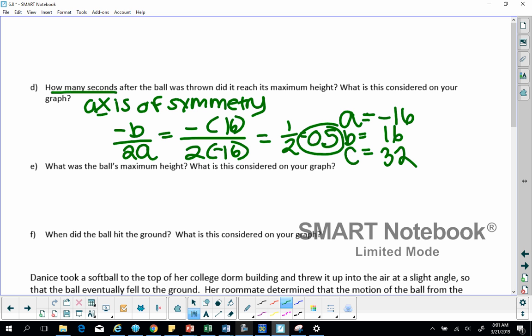The next one says, what is the ball's height? So what are they trying to find there? The max, right? And so knowing that that is my x-coordinate, I'm just going to rewrite the equation, but instead of the t, I'm going to plug in 0.5.